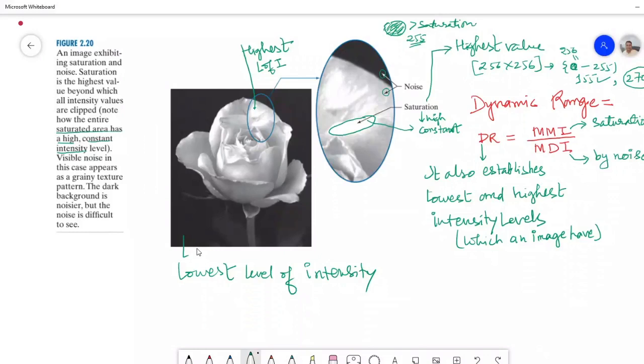This diagram shows as N moves from 0 to 10 to the power 3, and when we move vertically upward from 0 to 100, this represents the megabytes, B by 8 into 10 to the power 6.